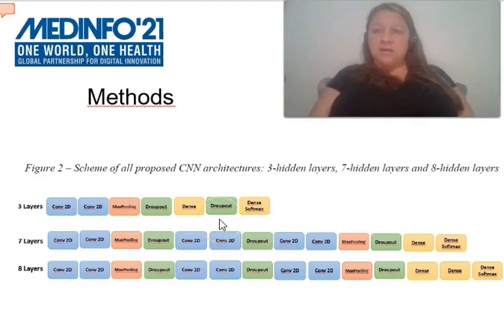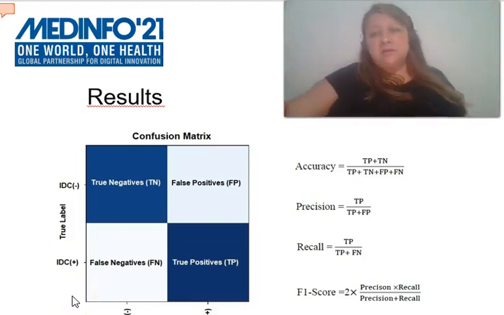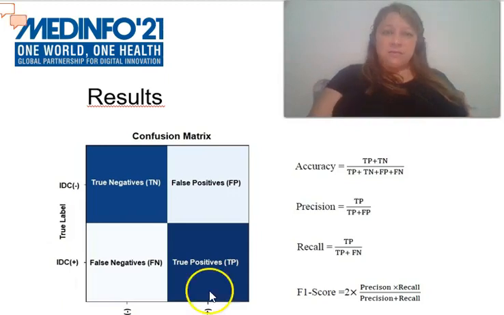Here are the schematics of the neural networks implemented. True negative means a correct classification of the negative class. For example, the actual class is negative, and the model classifies it as negative. True positive means a correct classification of the positive class.